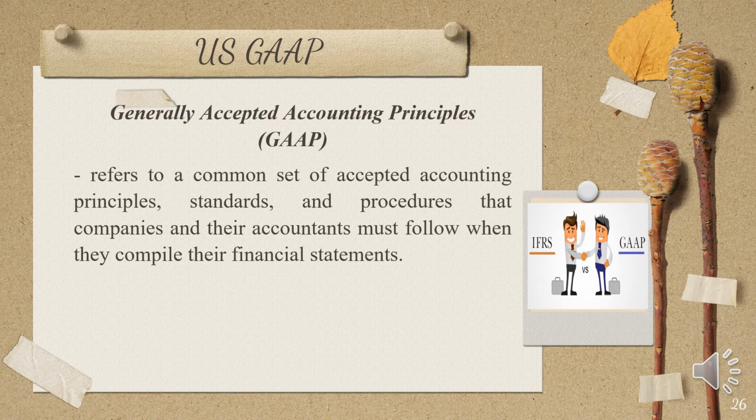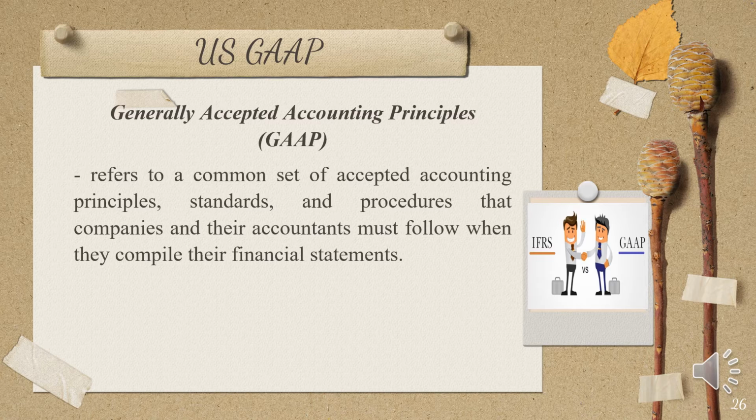Let's move on to the US GAAP. Generally Accepted Accounting Principles, also known as GAAP, refers to a common set of accepted accounting principles, standards, and procedures that companies and their accountants must follow when they compile their financial statements. GAAP also addresses such things as revenue recognition, balance sheet item classification, and outstanding share measurements.